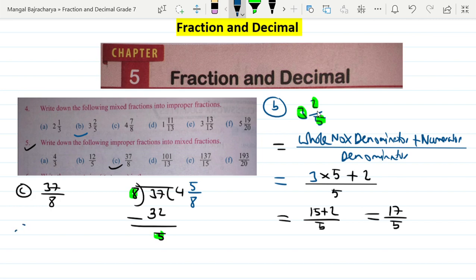So we can say, therefore, 37 divided by 8 is equal to 4 whole number 5 by 8.